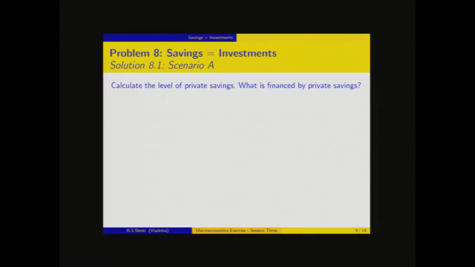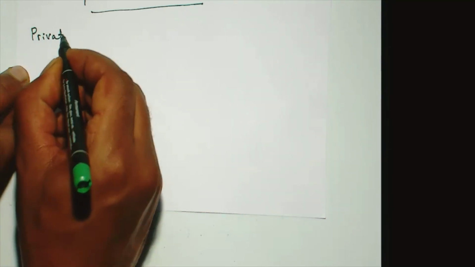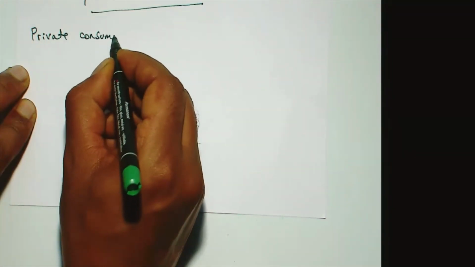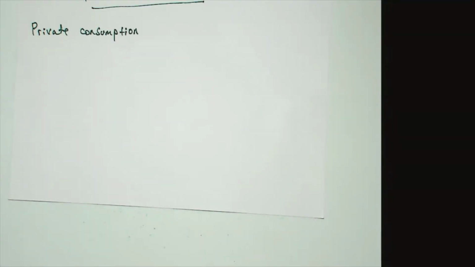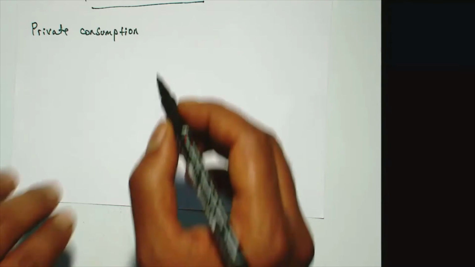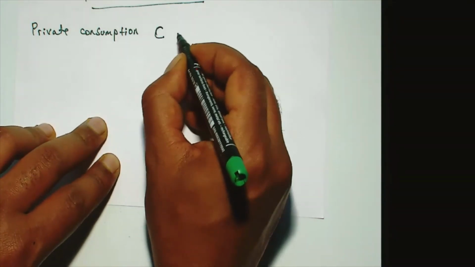The second question in scenario A is to calculate the level of private savings. What is financed by private savings? For that, we would first calculate private consumption, because we want to know what is consumed from our disposable income and what is saved from it.